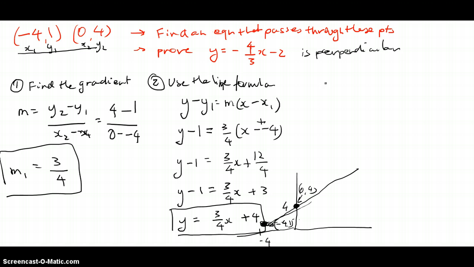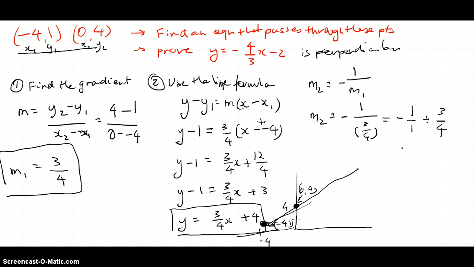Okay, so in this case, m2 is equal to negative 1 over m1. So m2 should equal negative 1 over 3/4. And remember, this is the same as saying minus 1 over 1 divided by 3/4.